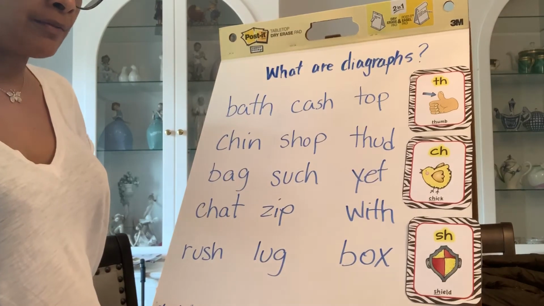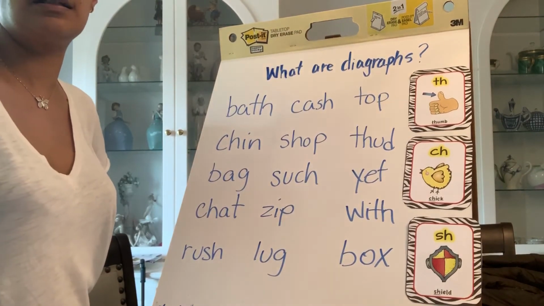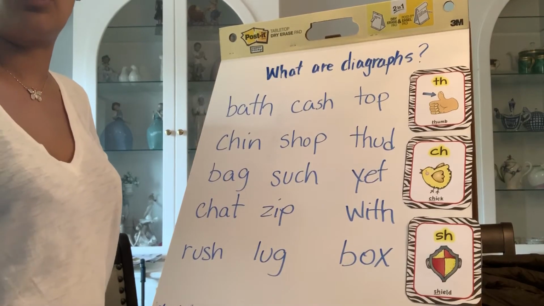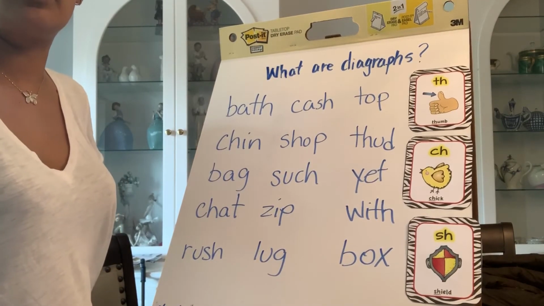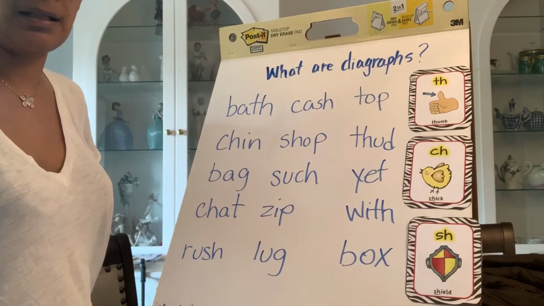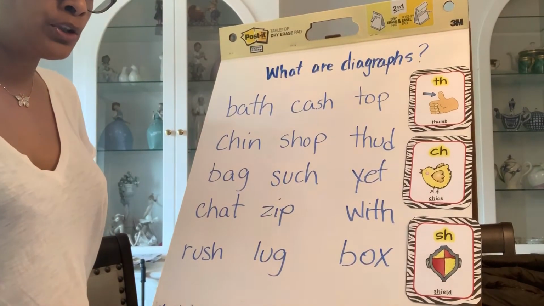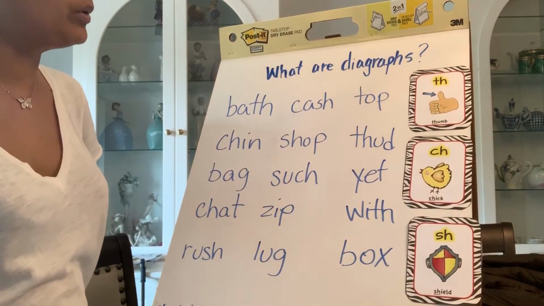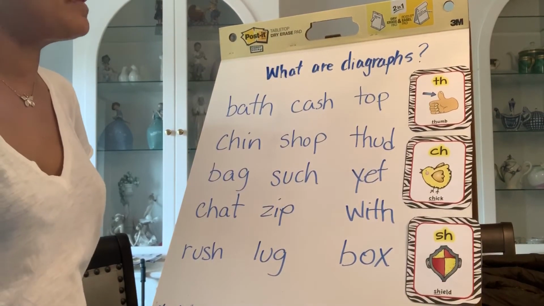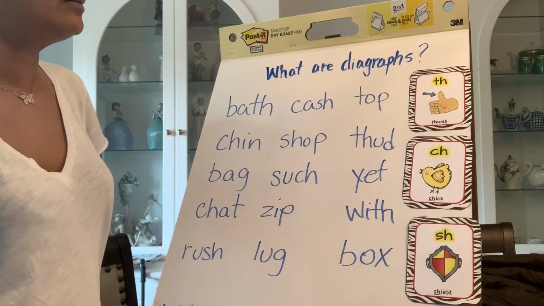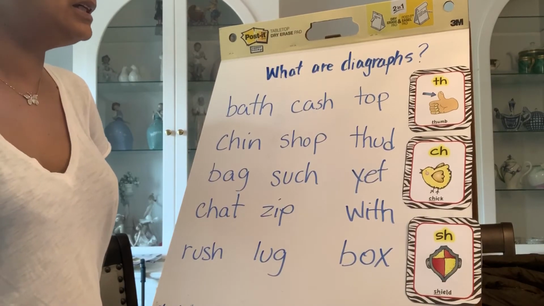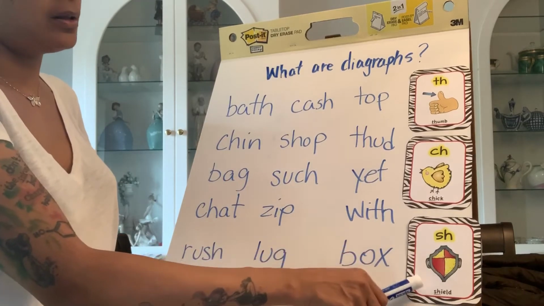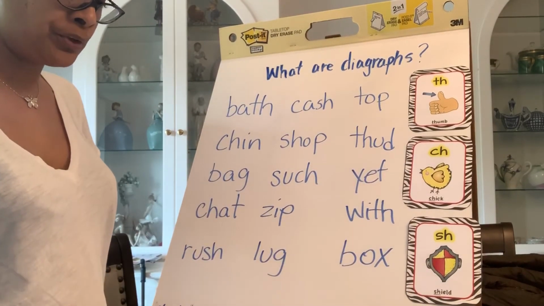A consonant digraph is made up of two consonants, and we know consonants are the alphabet letters other than the vowels, and the vowels are A, E, I, O, U, and then the remaining alphabet would be our consonant letters. So when two consonants stand for one sound, and we only picked three today: TH, for example, thumb; CH, an example is chick; and SH, an example is shield.